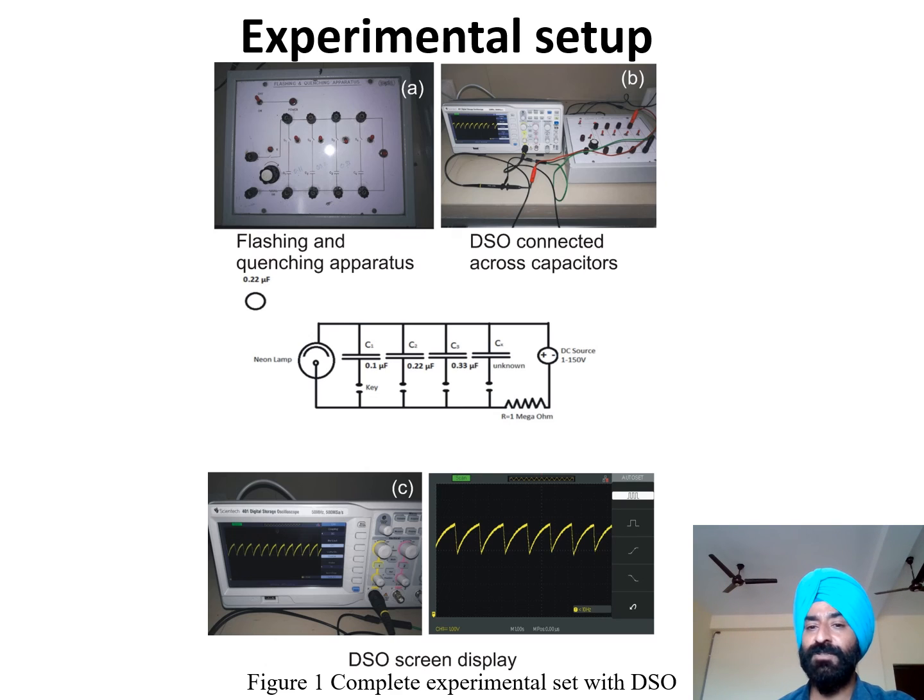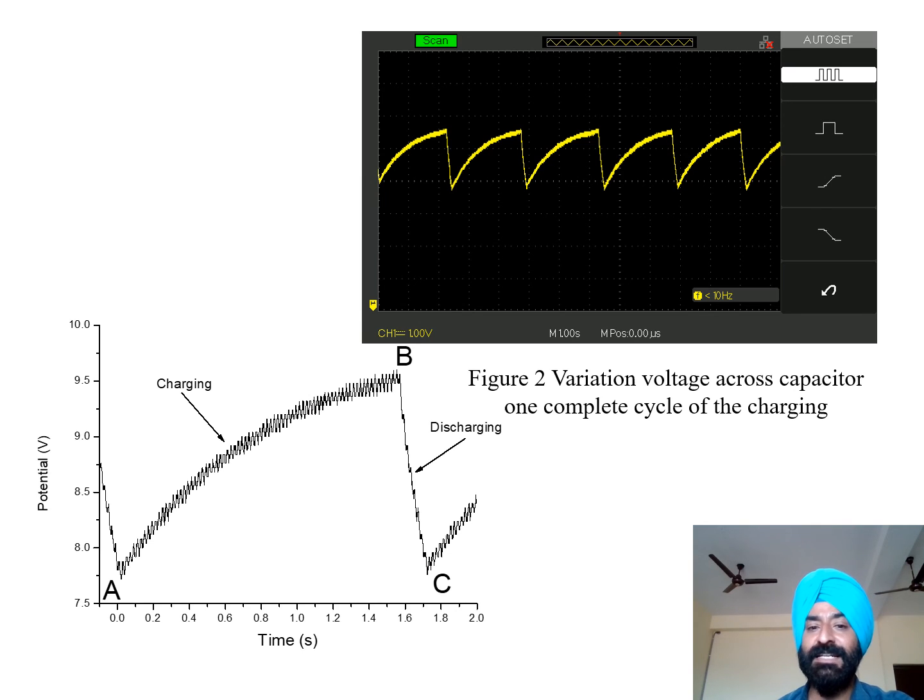Across that you can simply connect your DSO and check the variation in the voltage across the screen, and we find that it represents the charging and discharging cycles. When the capacitor gets fully charged, it goes to the maximum, and here the neon bulb flashes and discharges the circuit, and it again starts from this maximum point and again gets the flash.